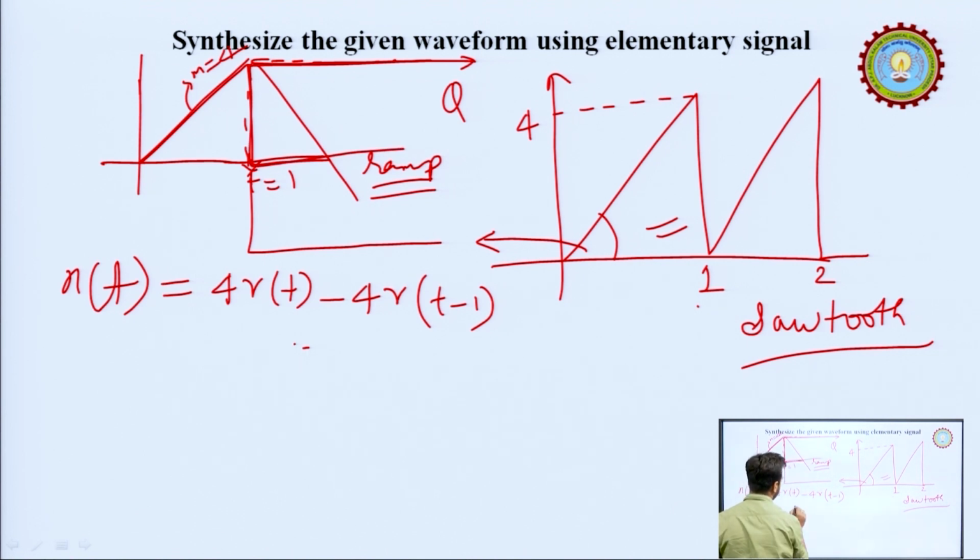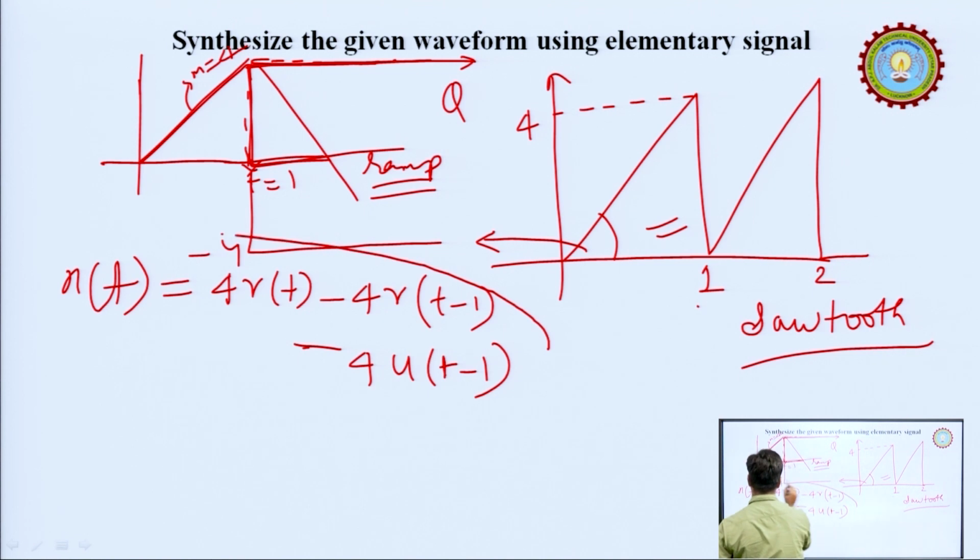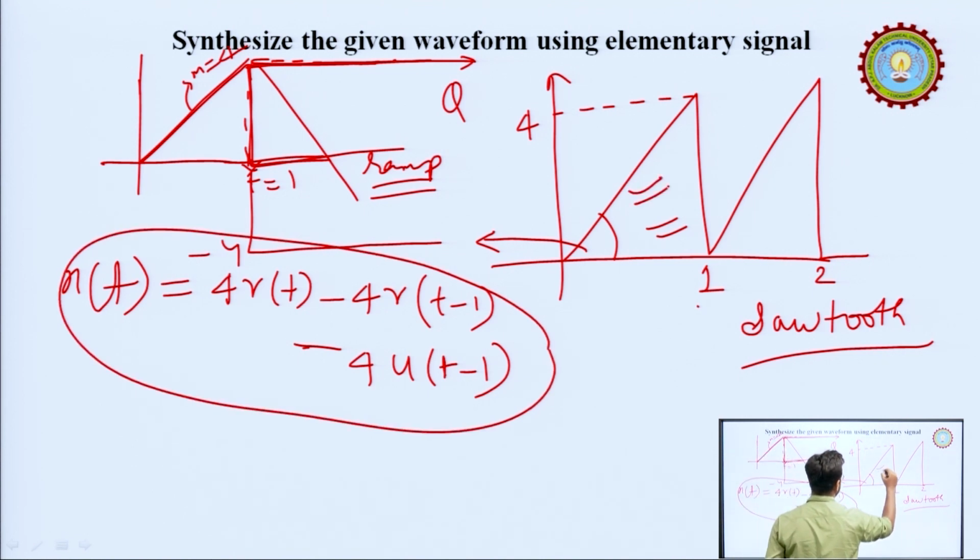We will add a unit step u(t minus 1) and the value will be 4, because here it is 4. So we will add minus 4 u(t minus 1). If you combine this, you will get this waveform.